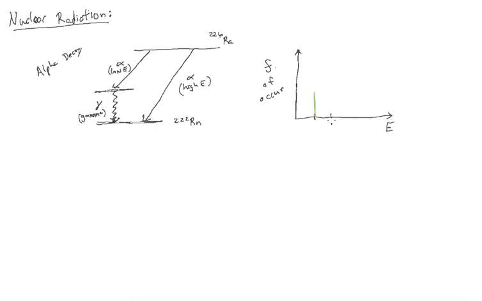So let's say these are other possible energy levels, and you'd get some different distribution of how likely different ones were and how often they occur.